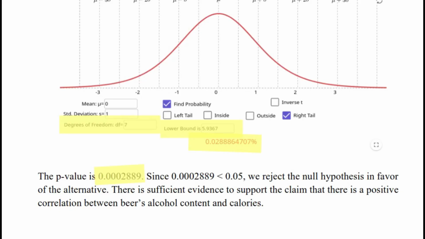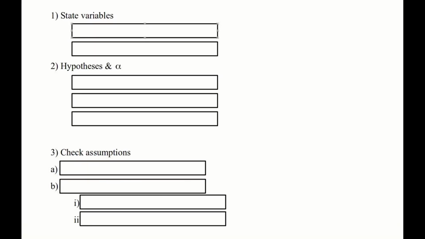Of course, that is less than alpha. So we reject the null hypothesis in favor of the alternative. That is, there is sufficient evidence to support the claim that there is a positive correlation between beer's alcohol content and calories.